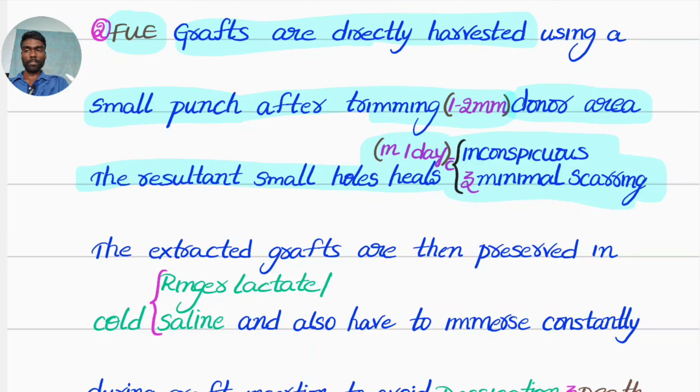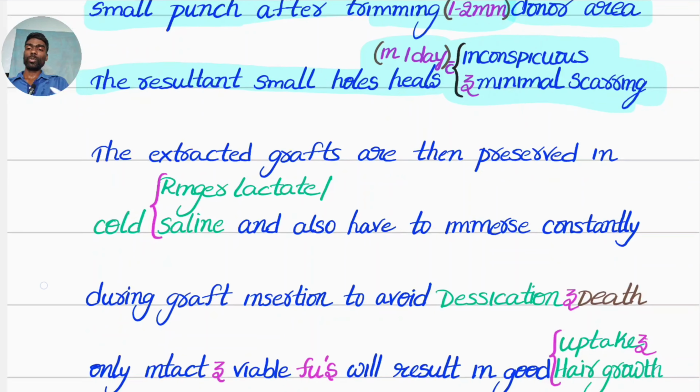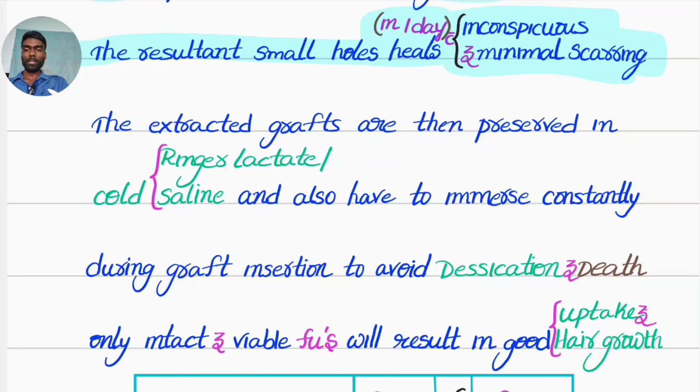So no need for sutures, no need to worry about scarring. So we can take donor hair from beard areas and body hair also. But in follicular unit transplantation, because of thin scar formation, we can only utilize occipital hair.